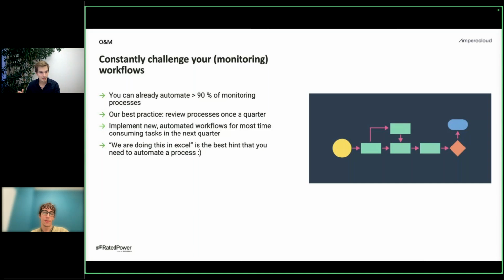We are encountering teams that are just used to this very manual kind of process where you skip through every screen every morning, every noon, every evening, and it takes hours basically.